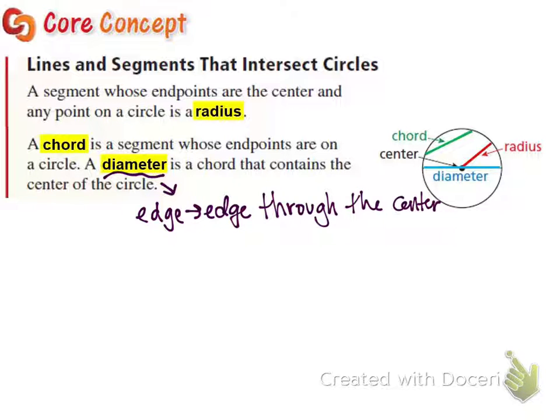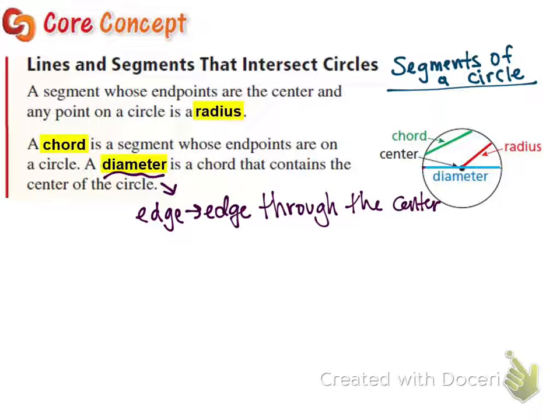These are the three segments. So go ahead and label it. These are the segments of a circle. Here's why it matters. You're just going to need to know how to name segments.